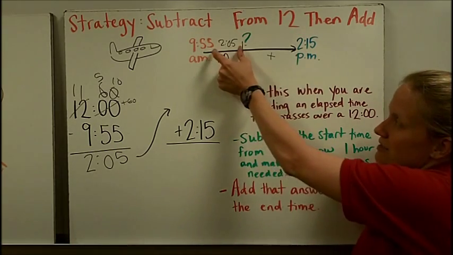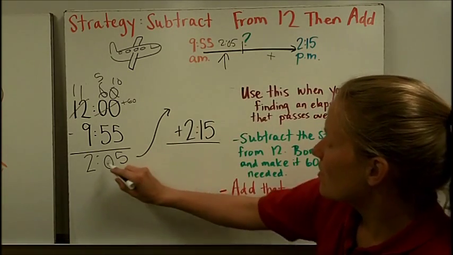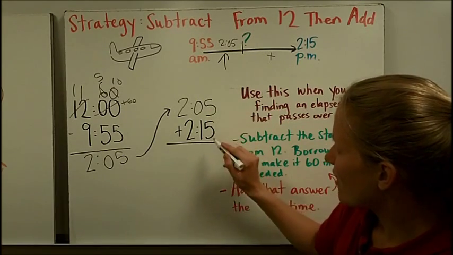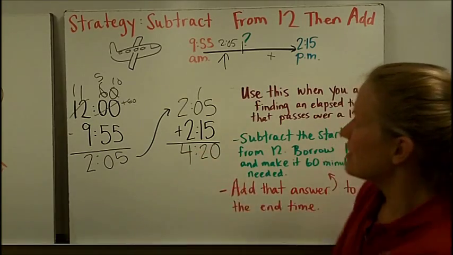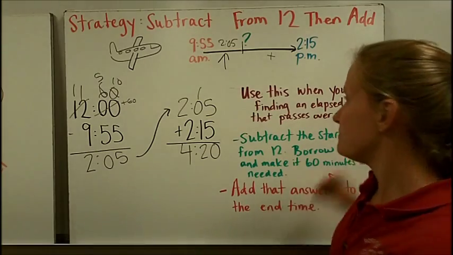So that's why I can add this plus these 2 hours and 15 minutes. So I'm going to copy this answer over here and go ahead and add them. 5 plus 5 is 10, carry the 1, and that means that I was in the airport for a total of 4 hours and 20 minutes.